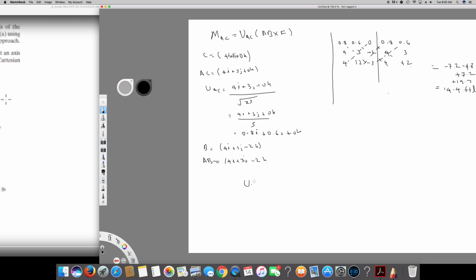So UAC times MAC, this is MAC, right? UAC times MAC is going to give us a Cartesian vector.